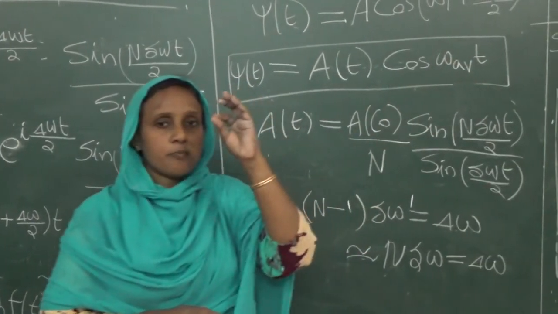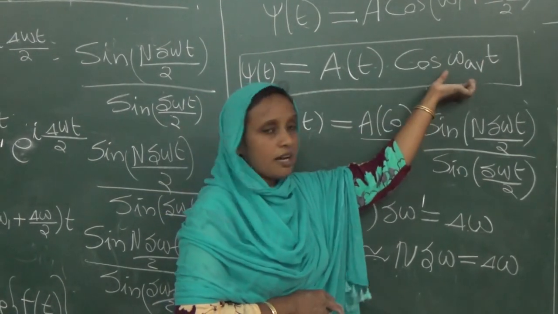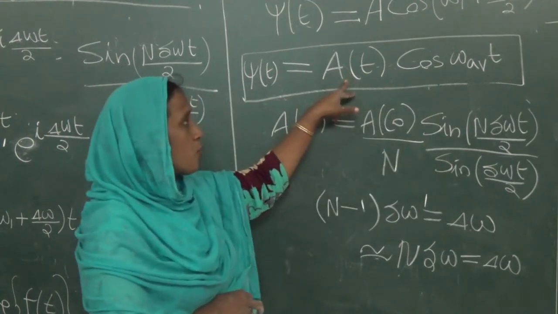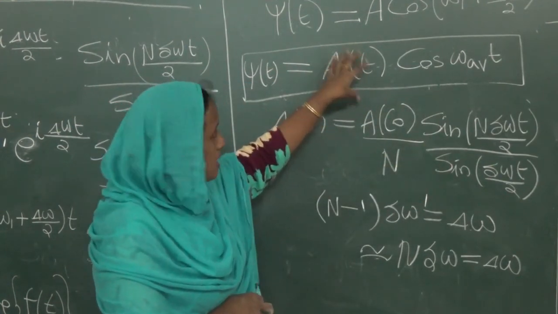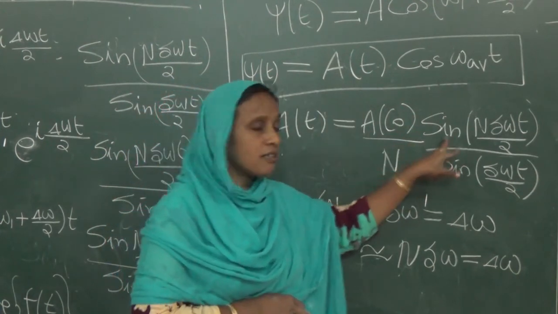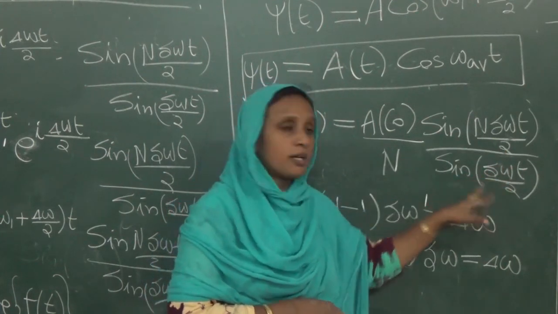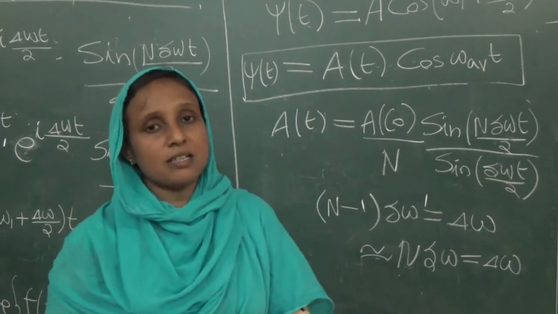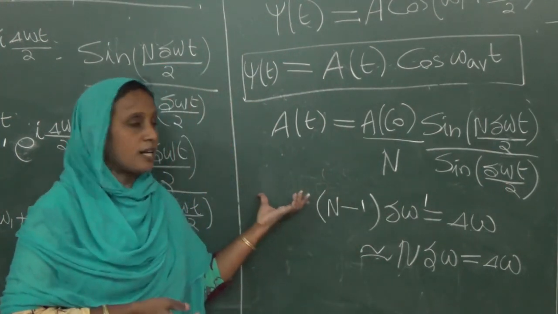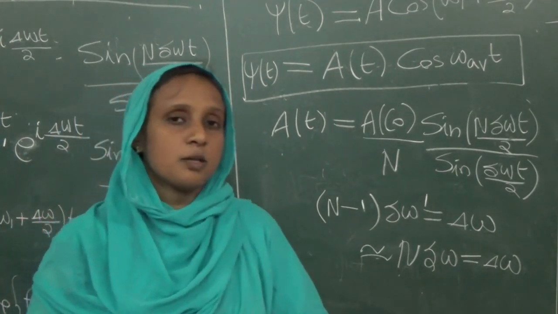That means the pulse propagates with average angular frequency omega_av, but its amplitude varies with time such that A(t) equal to A0 by n into sin(n delta omega t by 2) by sin(delta omega t by 2). This is the mathematical expression for a pulse. Hope that you can understand what a pulse is and how we can express it mathematically.